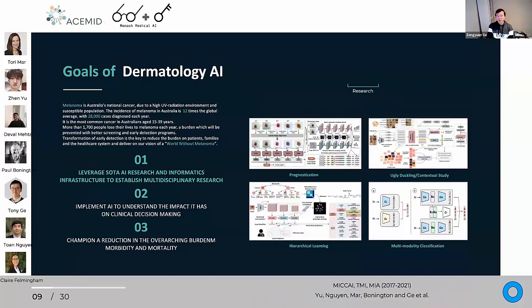These are the works we have done so far using AI technologies. You don't need to understand the details in the graphs, but we have built different AI models to solve the early detection problem and to understand the hierarchical labels of the disease, because many diseases don't go straight to cancer.